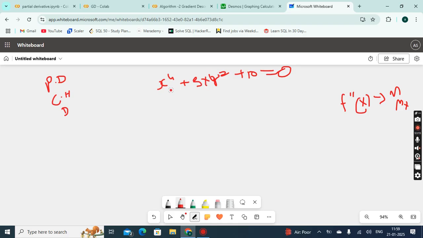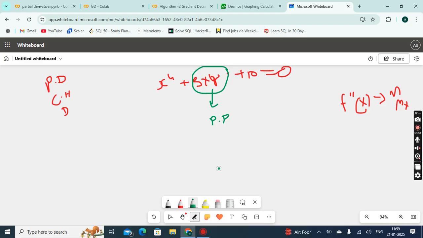Now if you see this function very carefully, you can easily understand why we have done this part. Partial derivation: when you see this function 3xy square, or simply 3xy, can you recall that this is a part of partial derivation?